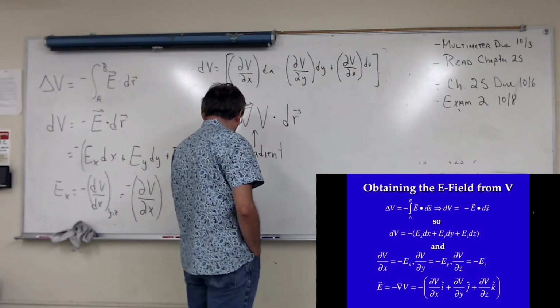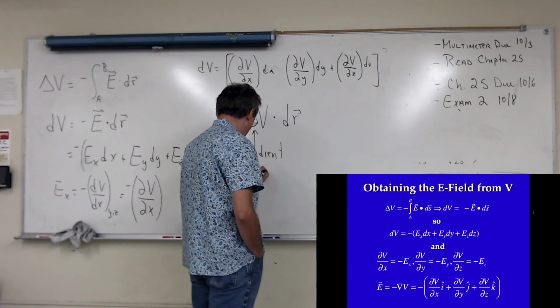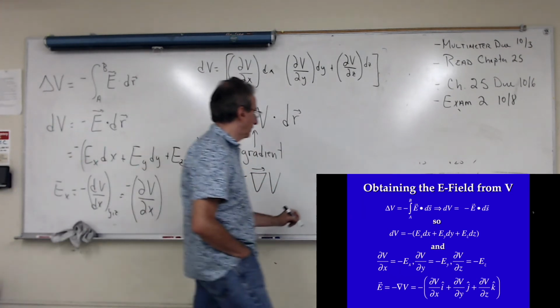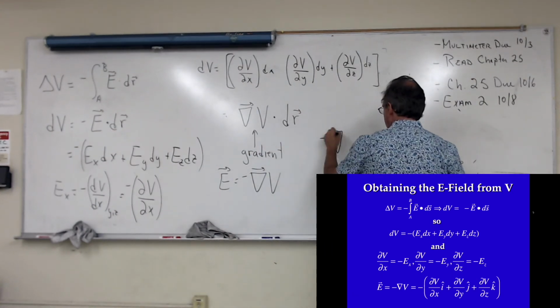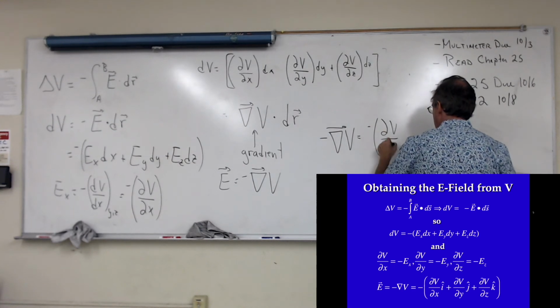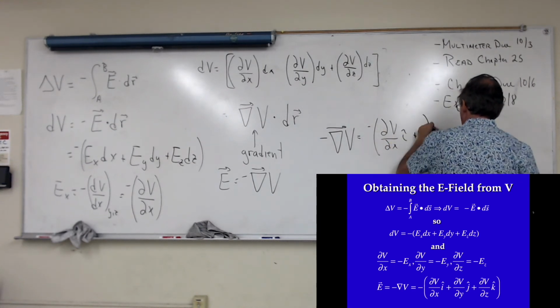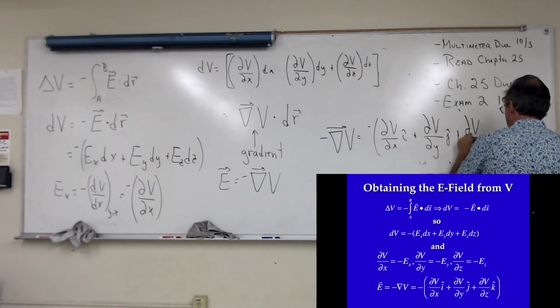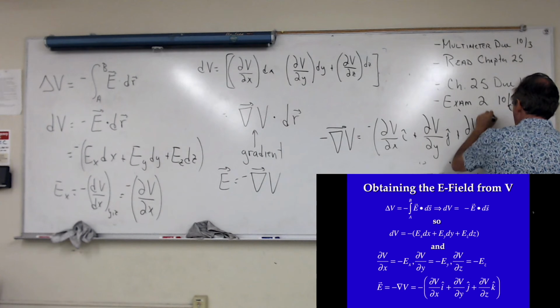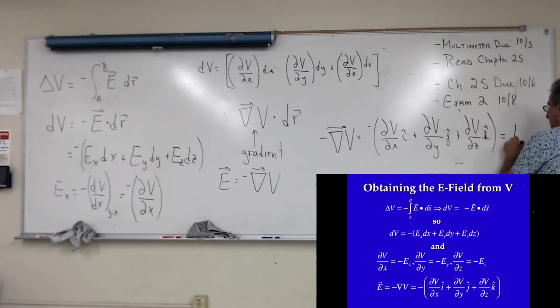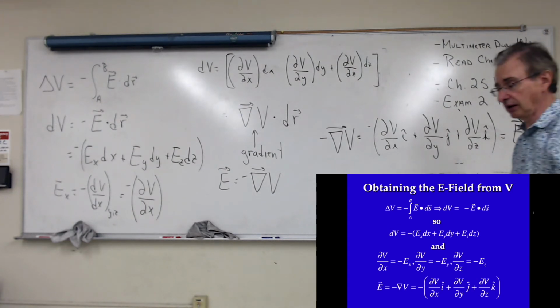So E, be careful with the minus signs, is minus the gradient of V. And the gradient of V, or minus the gradient of V, is that. And so you can calculate the electric field by calculating this thing called a gradient.